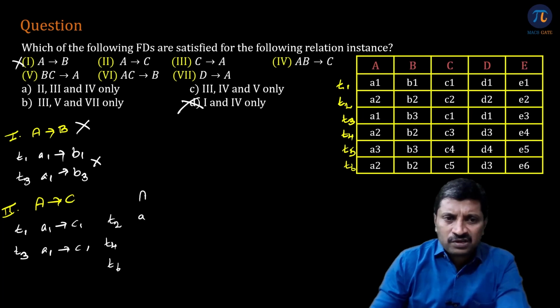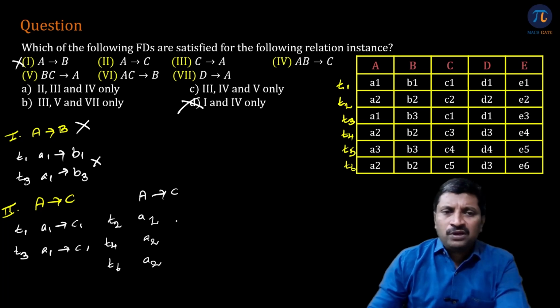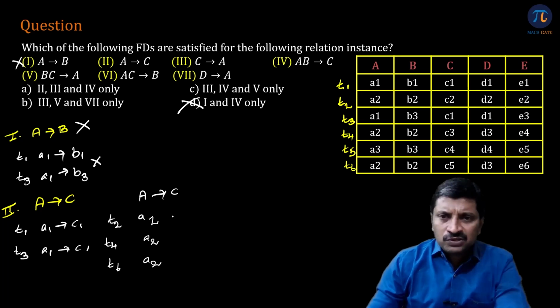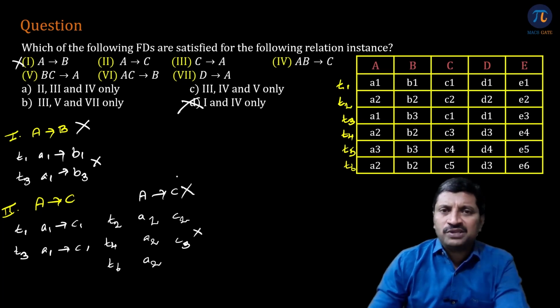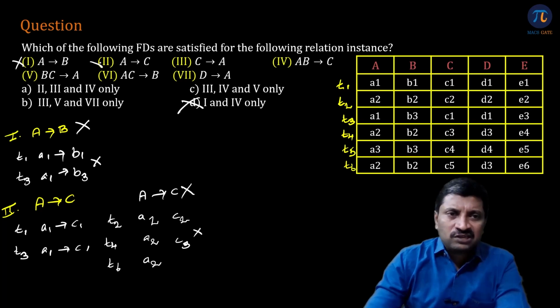So we are verifying A goes to C, sir. The value of A in T2 is A2, T4 also A2, T6 also A2. What about the values of C, sir? So for T2 it is C2, sir. For T4 it is C3. So it failed. So this functional dependency also failed. So the second one also failed, sir.